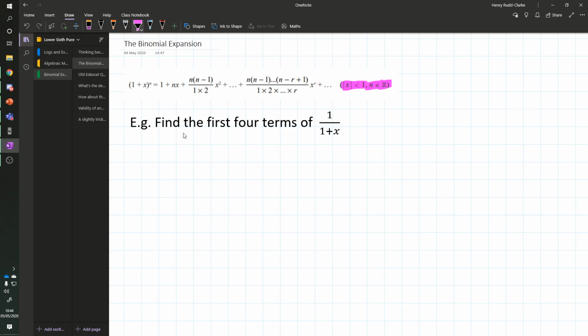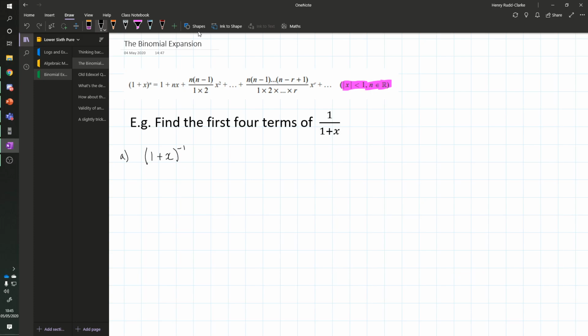So e.g., find the first 4 terms of 1 over 1 plus x, or do a binomial expansion and find the first 4 terms. You quite often will get questions like this, where it's not obviously written as a bracket. I'm just going to say 1 plus x to the power of minus 1.